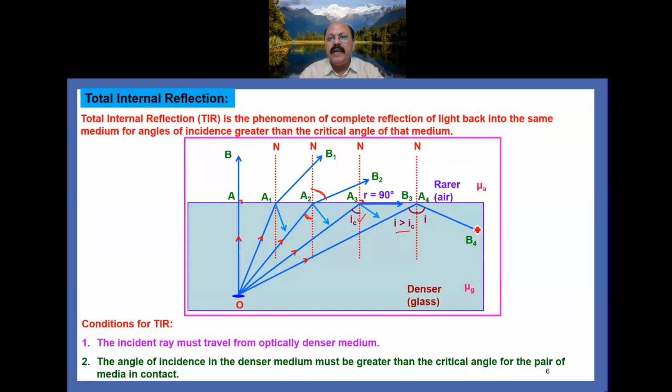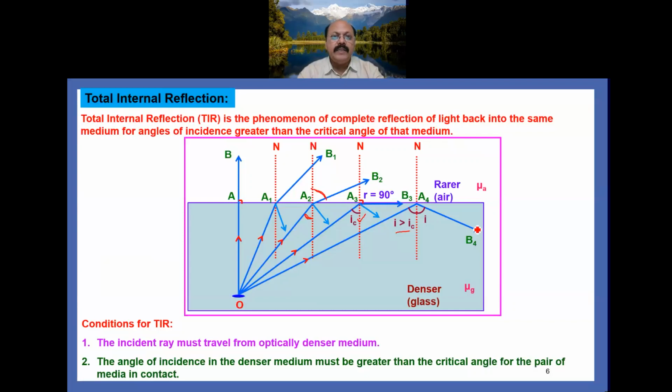So that's why we say that if the ray of light from the denser medium is incident at an angle greater than its critical angle, the ray of light will reflect completely in the same medium, and that phenomenon is known as total internal reflection.